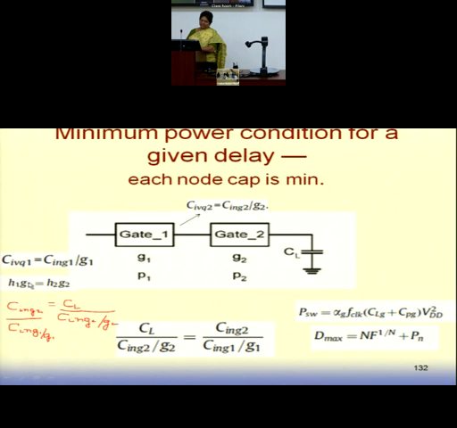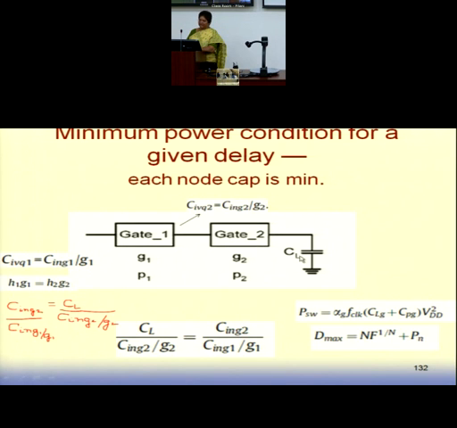So if it is G1H1 equal to G2H2, I can write it in terms of C input gate 1, C input gate 2, and Cn. So what is your H1? H1 is C input gate 2 divided by C input gate 1. Similarly, what is your electrical effort for gate 2?